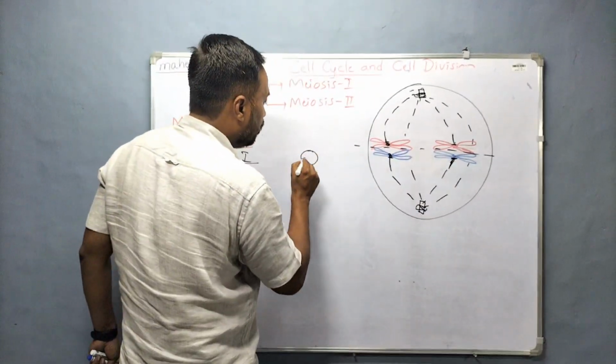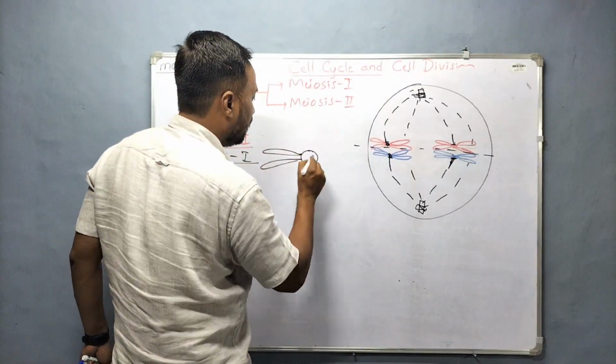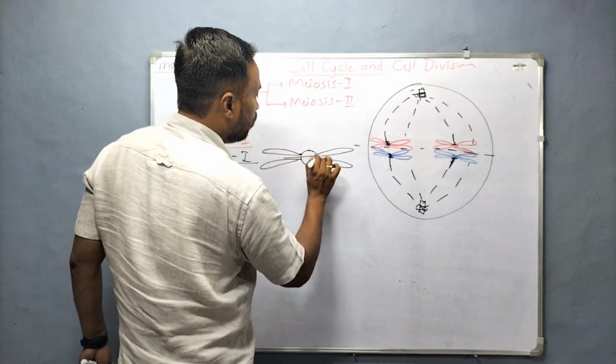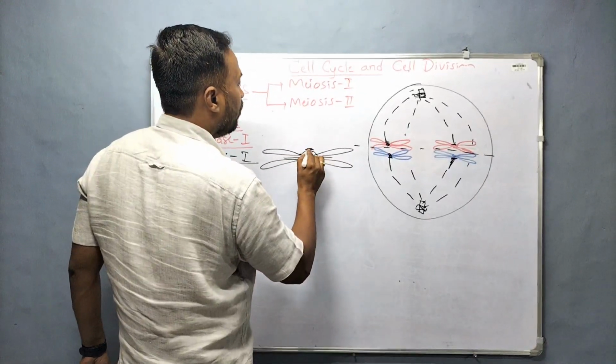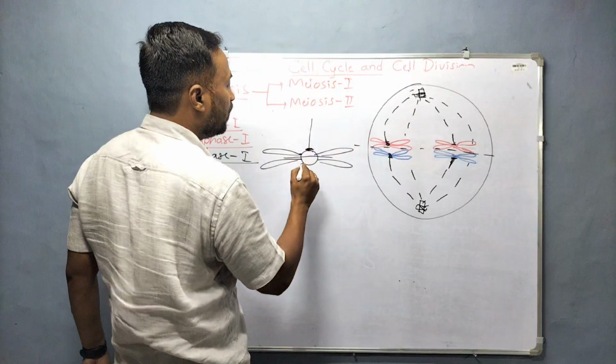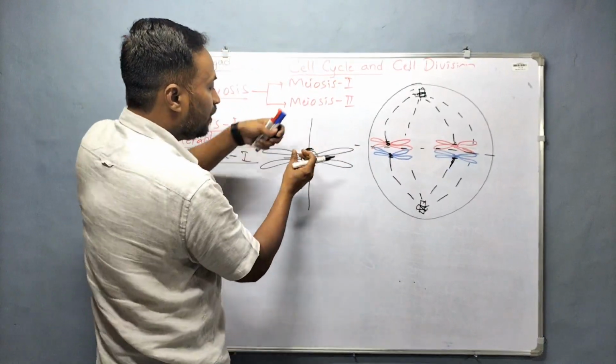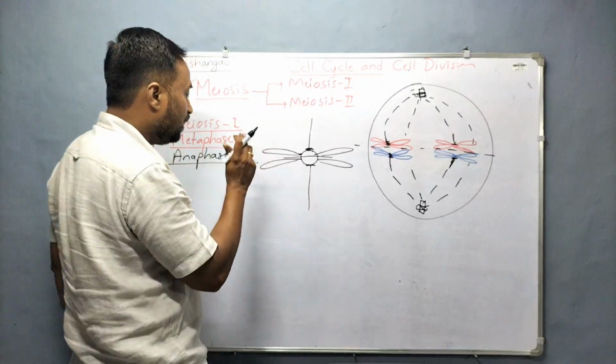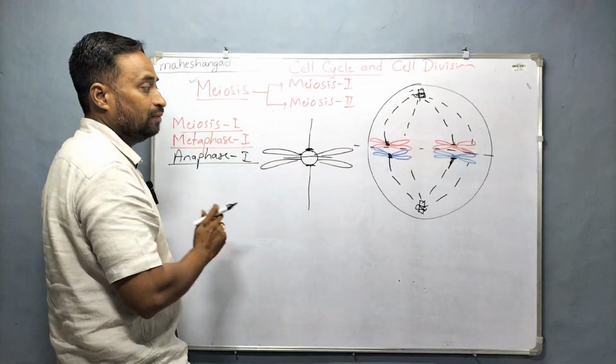In anaphase, the centromere does not divide as in mitosis. In mitosis, the centromere splits, and half of the sister chromatids move towards one pole and half move towards the opposite pole, in the anaphase of mitosis.